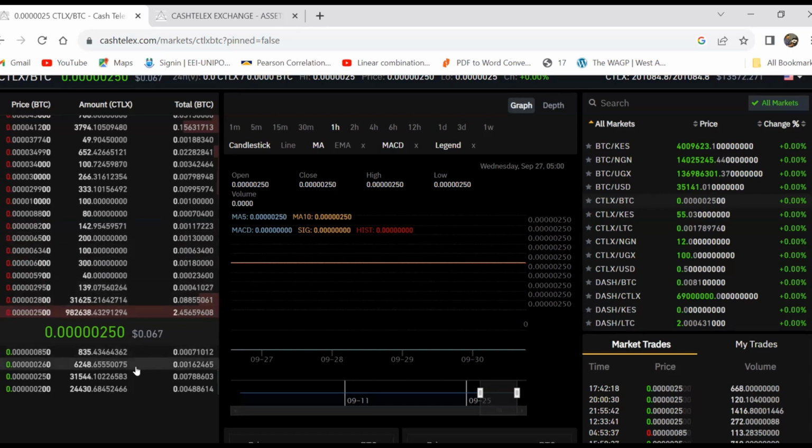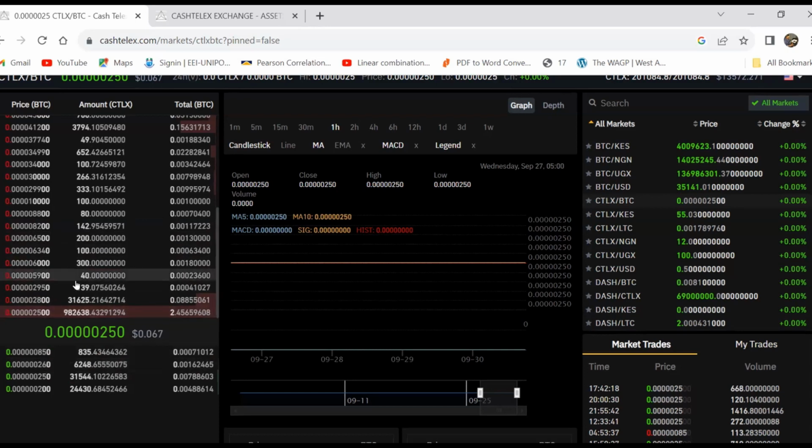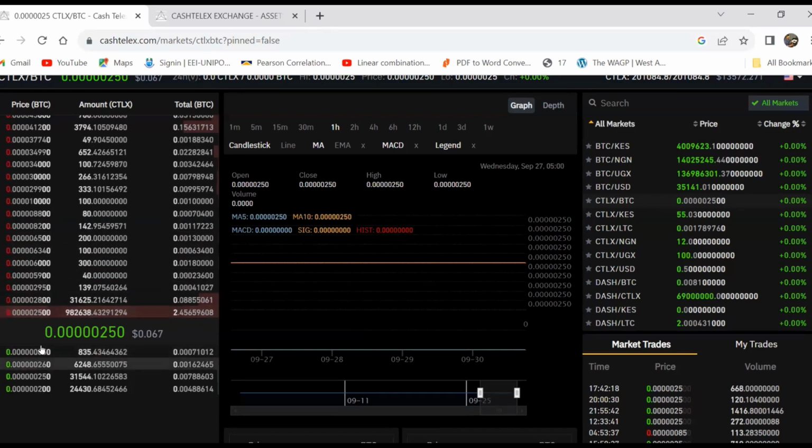But for buying, if I'm buying now, any price I set is the price in BTC. Then this is the amount of CTLX that I want to buy. Then if I buy now, this is the total amount of Bitcoin that I'm going to use to buy this.